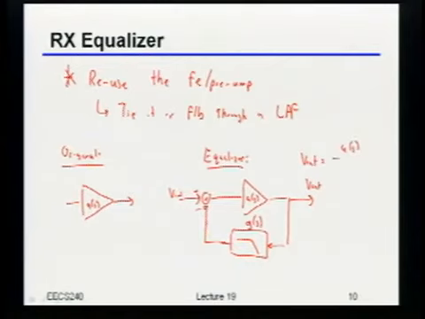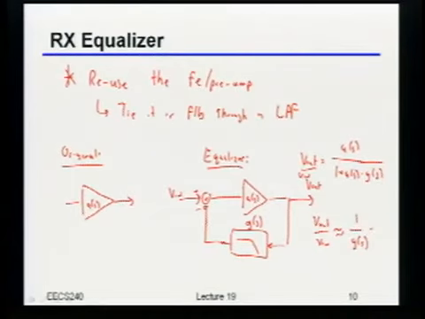It's just A of S over 1 plus A of S times G of S. Just like our classic feedback stuff, let's assume A is big. So if A is big, what is V out over V in going to converge to? Yeah, 1 over G of S, in other words, G inverse of S.